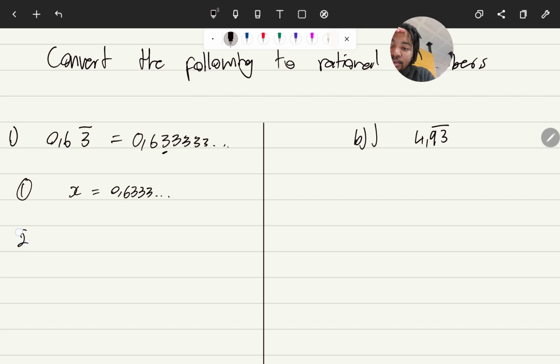Step 2, you multiply by 100. The repetition comes here. So you have 100x, that is 63.333.